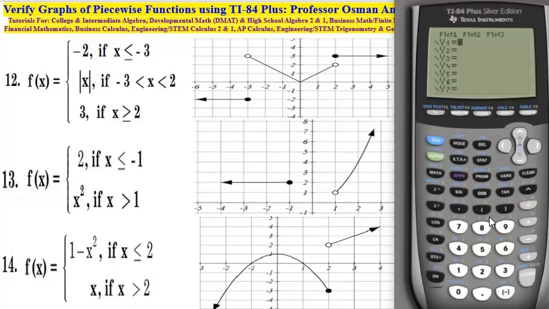So it is minus 2, and this is valid for x less or equal to 3. Is minus 3.